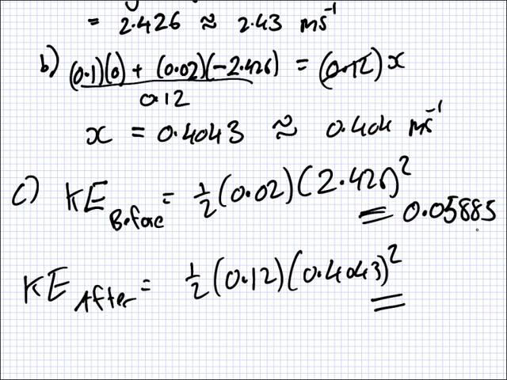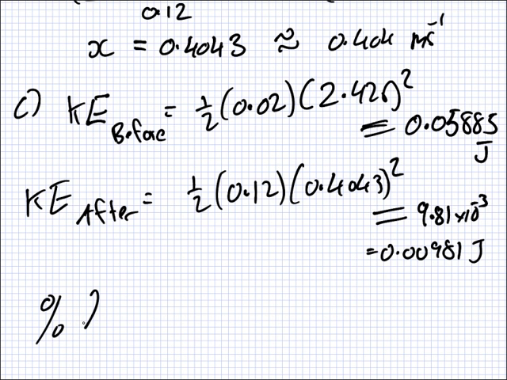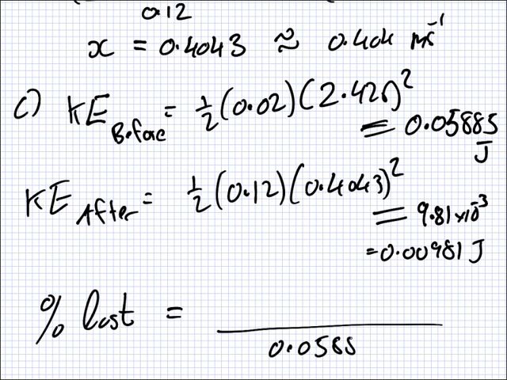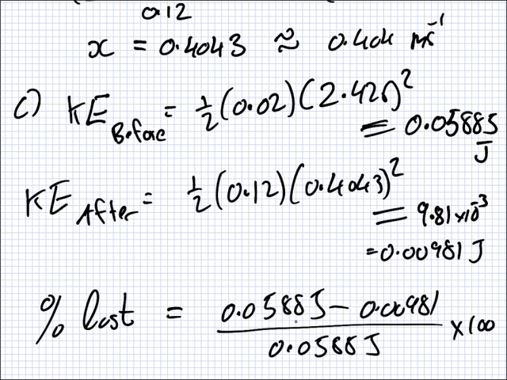0.05885 joules. And then the second one should be less. 9.81 times 10 to the power of -2, so that's 0.00981 joules. So the percentage lost would equal 0.05885 minus 0.00981, divided by 0.05885, times 100.